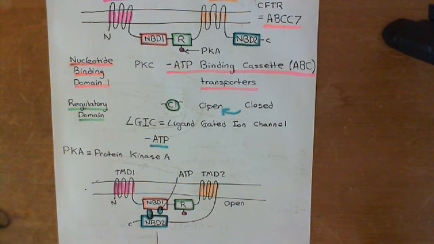And then what we'll move on to is how having a mutation in this actually leads to the symptoms, basically. And we'll start off with why does loss of function of the cystic fibrosis transmembrane conductance regulator cause too salty sweat, and then we'll move on to the lung.